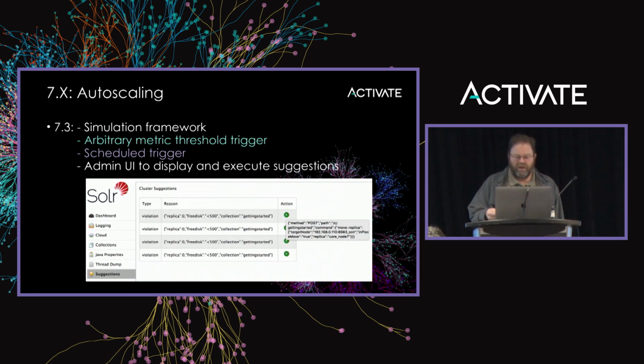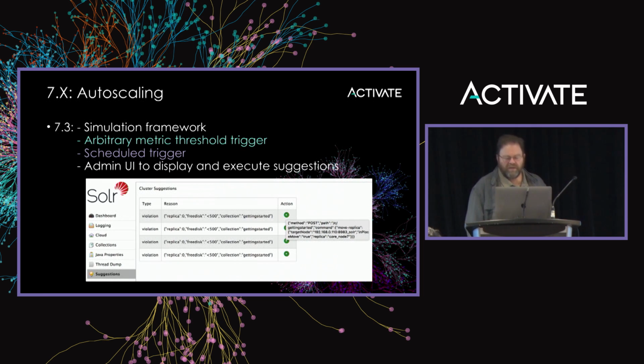Essentially, although it appears to be the case that the reason for each of these 4 violations is the same, that is, this rule says that for the getting started collection, there can be no replicas on nodes that have less than 500 megabytes of free disk.